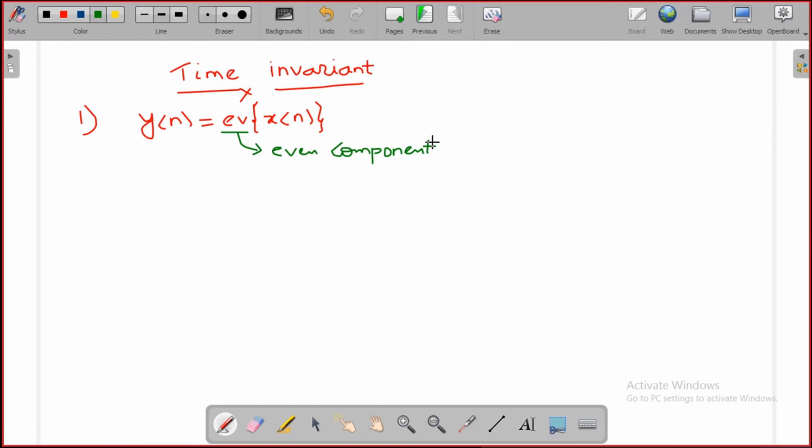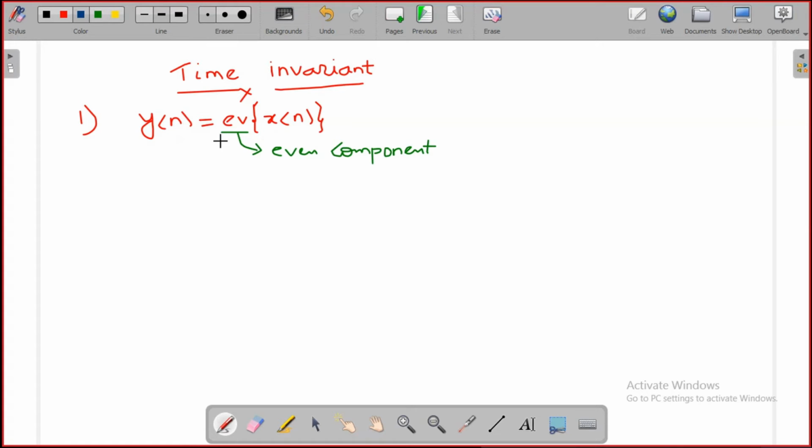When we discussed even and odd signals, we already covered the even component and the odd component of the signal, that is xe of n and xo of n. Here we need to check whether the system is time invariant or not.